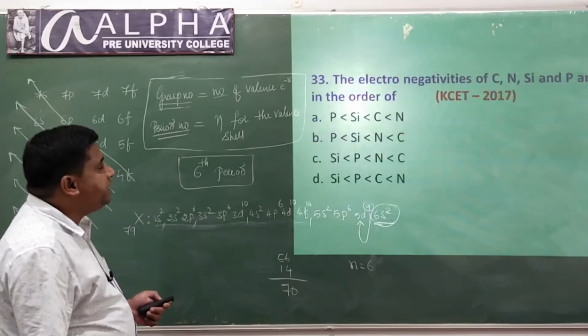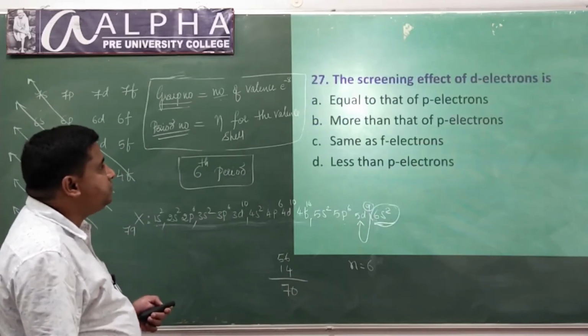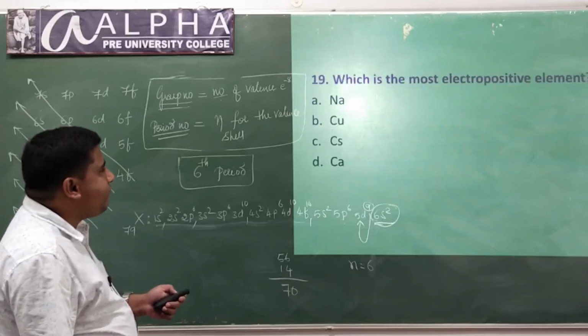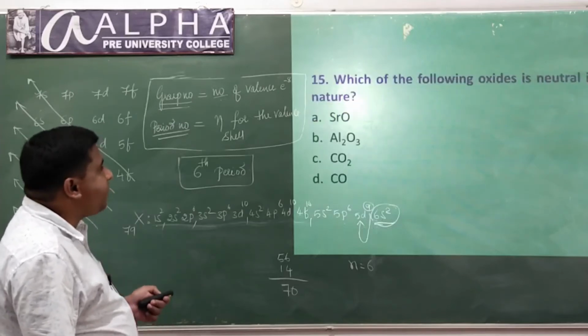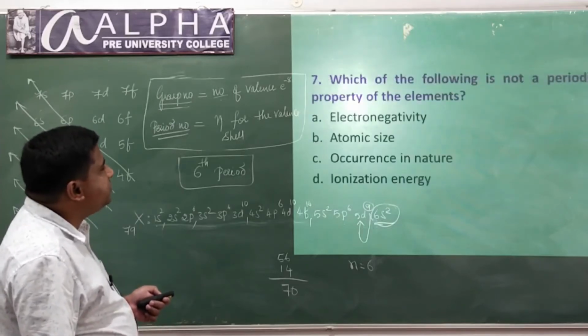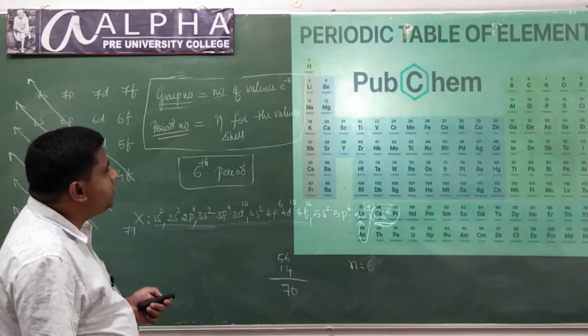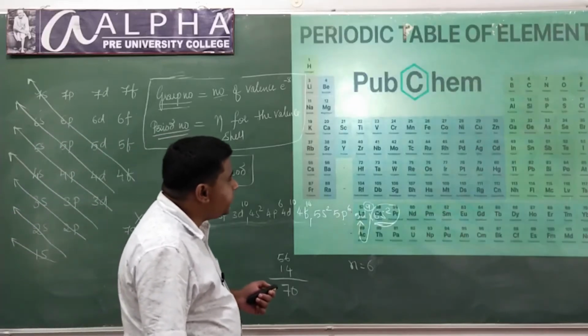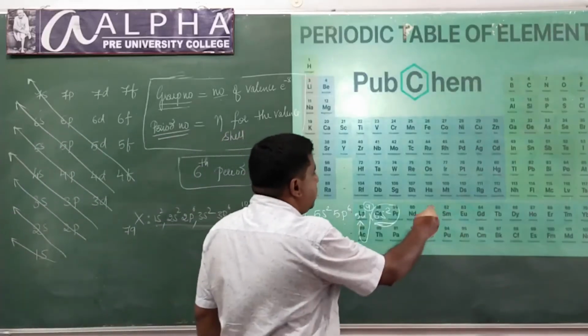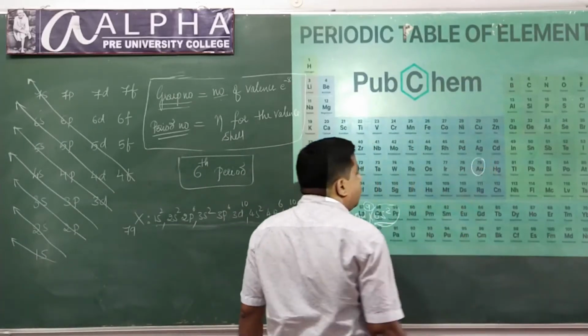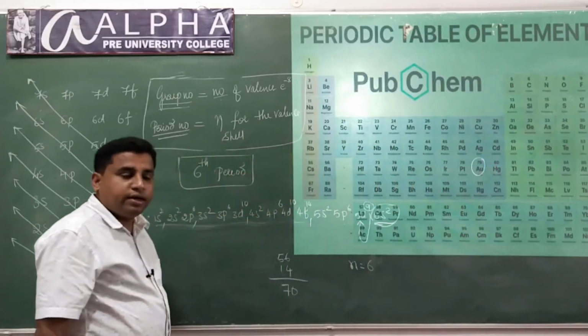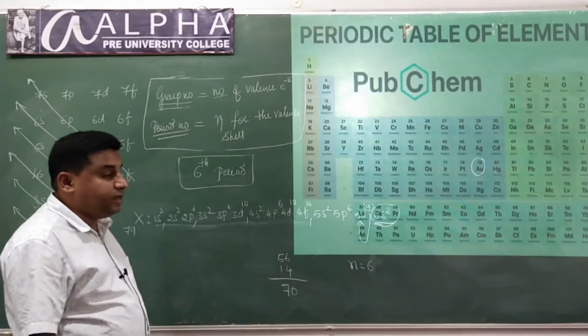Look at the periodic table here. Where is the element with atomic number 79? Yes, see, we got it. It is gold, 79.